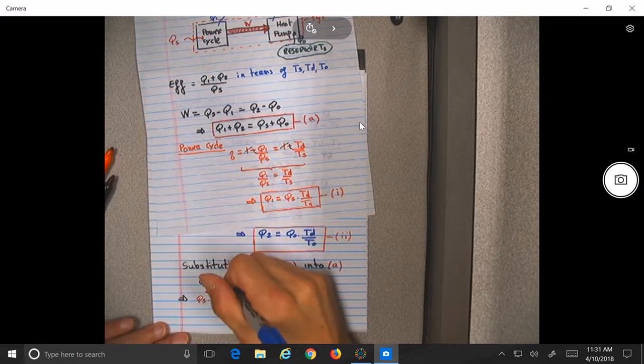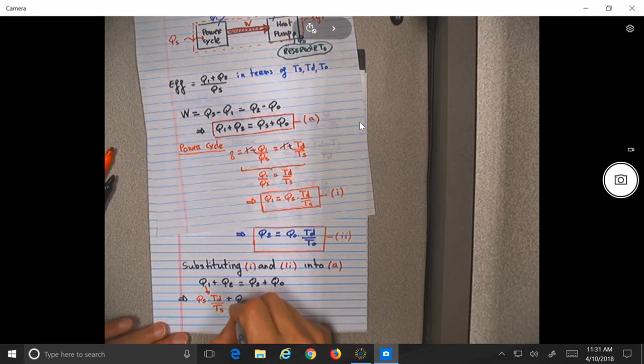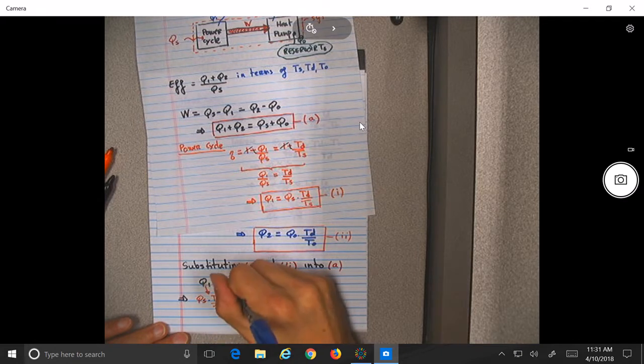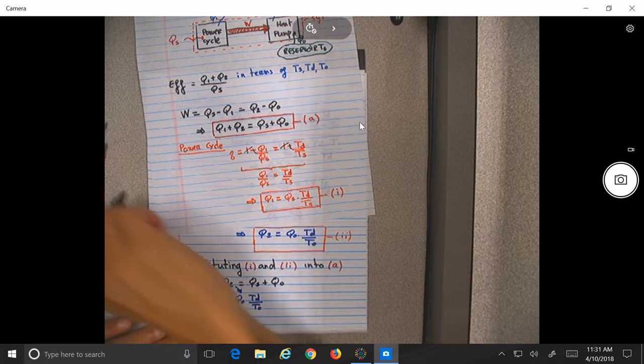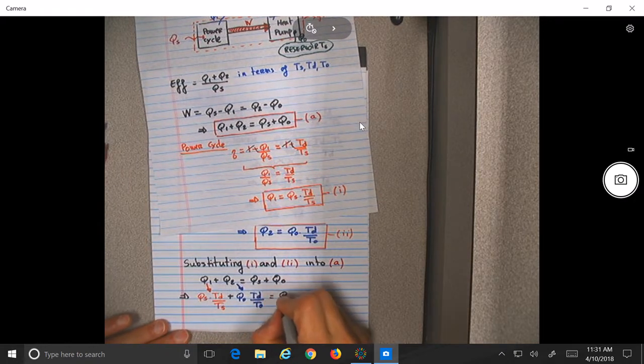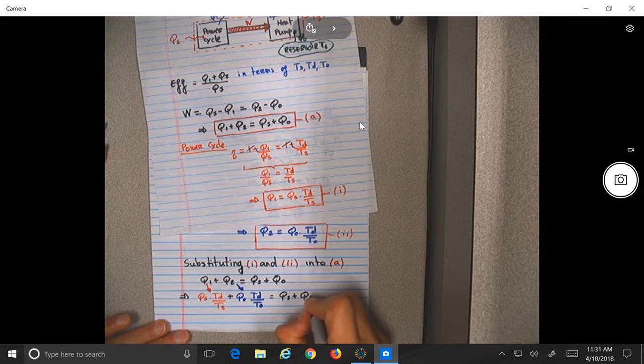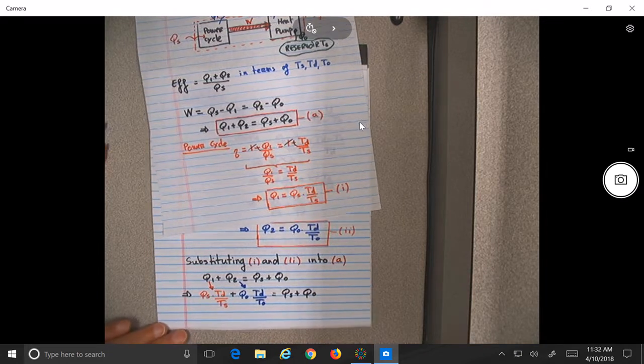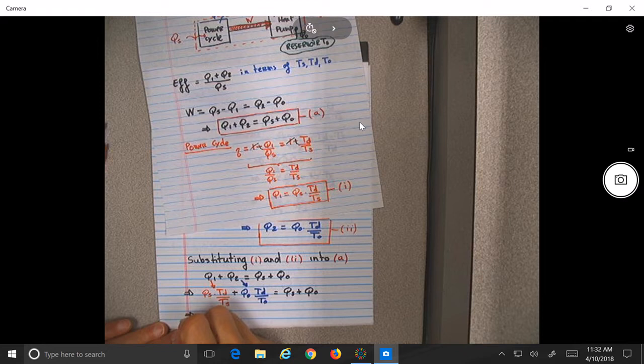And what is Q2? Is Q naught TD over T naught. And this is equal to QS plus Q naught. So now, for example, I could factor out by QS.